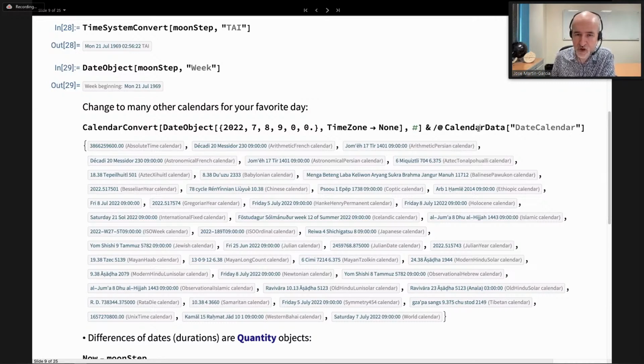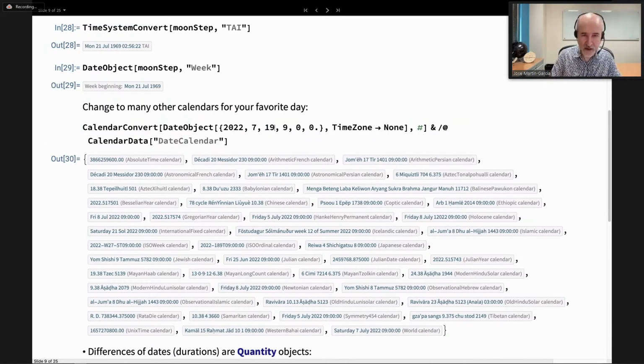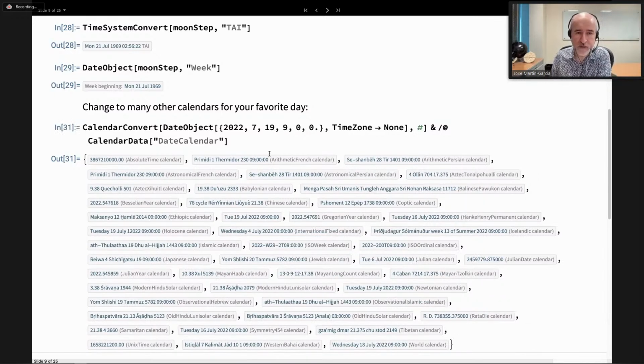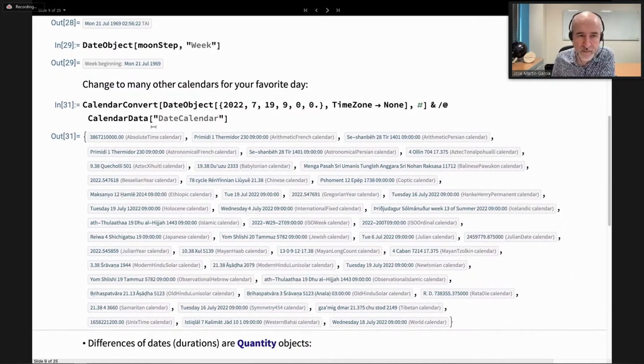I'm going to show here how to change any date, for example, the current date, to be expressed in any of the many calendars that we have. And here we have, I don't know, old calendars, Samaritan calendars, French Revolutionary calendar, etc. Many of them.